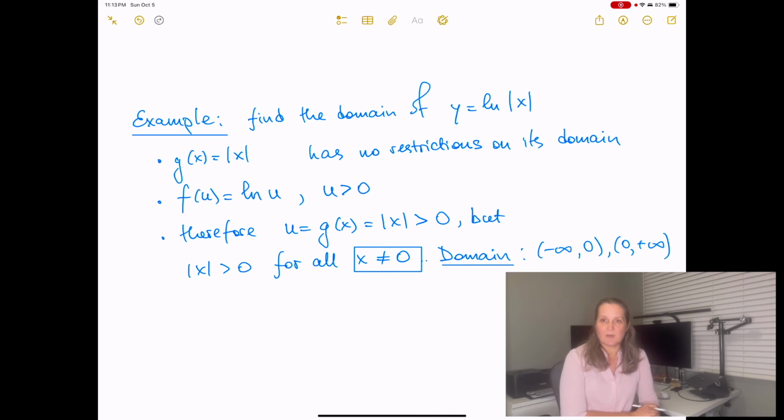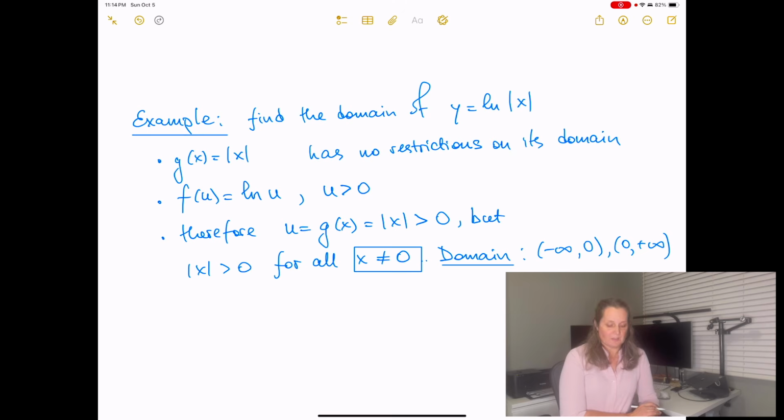Let's consider one more example. Let's find the domain of the function y equals the natural logarithm of the absolute value of x. The inner function is the absolute value of x, and it has no restriction on its domain. x can be any positive or negative number, or 0. The outer function f of u equals the natural logarithm of u has a restriction.